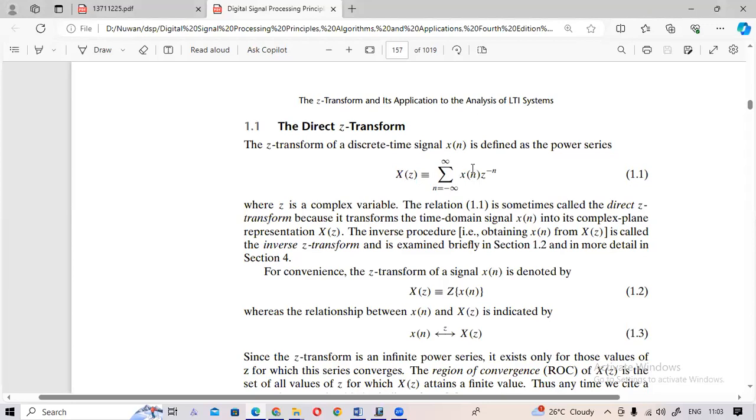We convert this x[n], the time sequence, where n is the sample number related with time, into a complex domain. This Z is a complex variable situated in a complex plane, sometimes referred to as the Z plane.